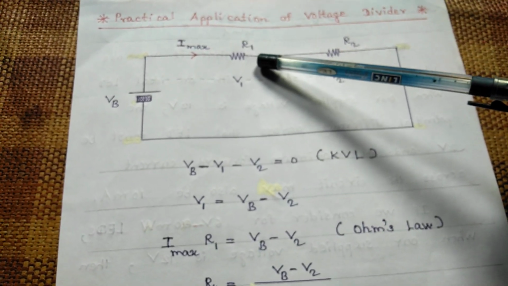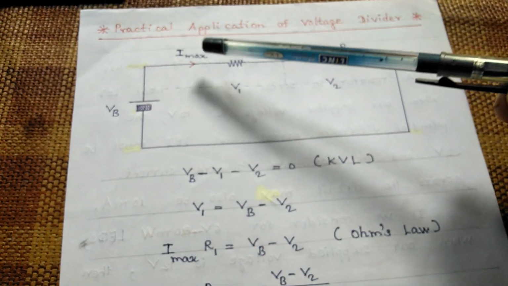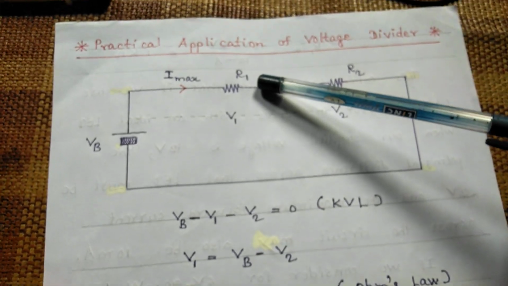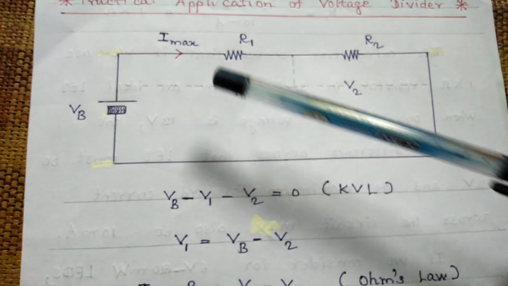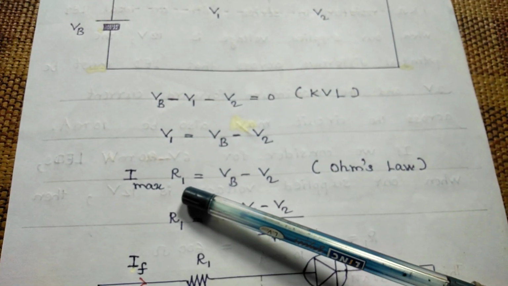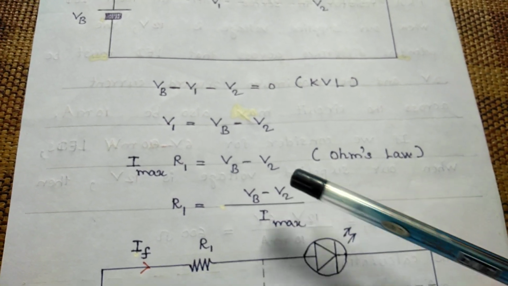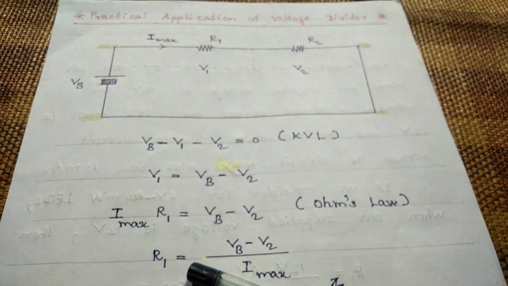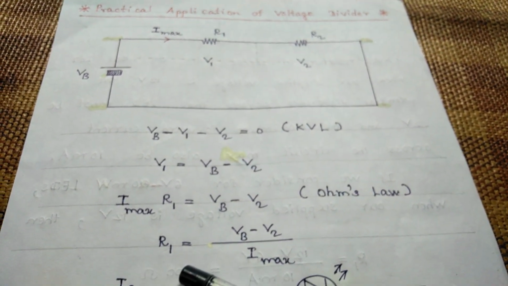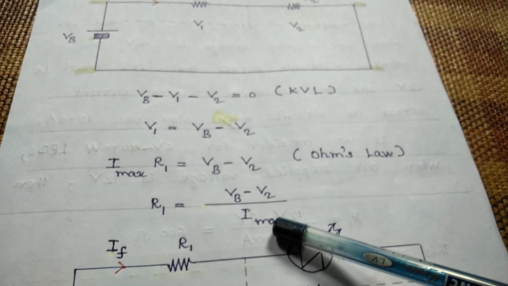If we apply Ohm's law to this resistor R1, we have V1 is equal to the product of Imax and R1. If we replace this in our expression, we have Imax R1 equal to VB minus V2. If we solve for the resistance of the first resistor R1, we have R1 equal to VB minus V2 divided by Imax.